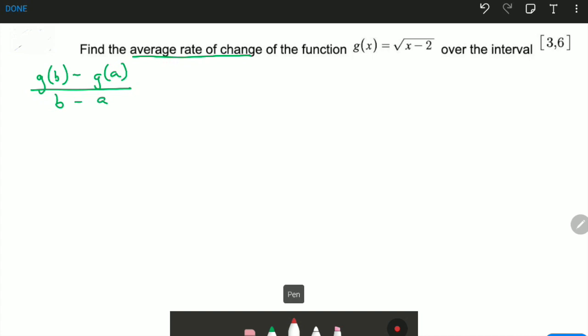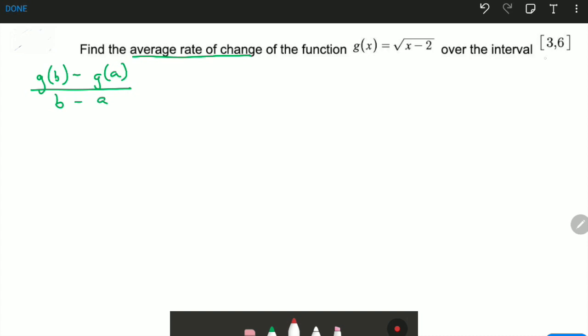With that, remember that you can always use y2 minus y1 over x2 minus x1. But one of our points here is to be able to use the average rate of change or slope formula with function notation. So with that in mind, we're going to continue.